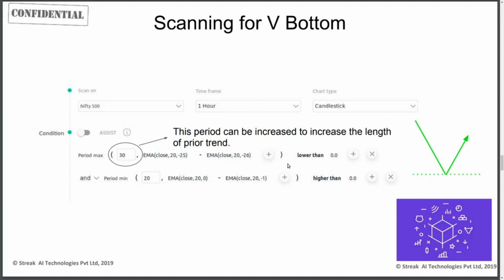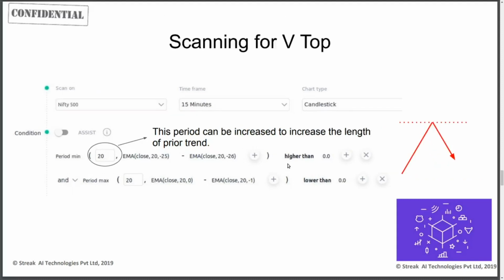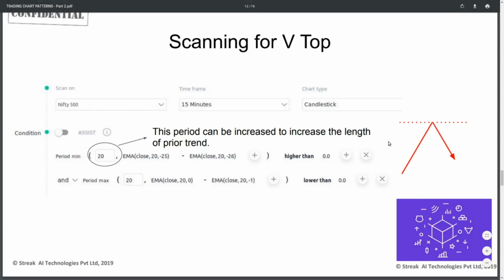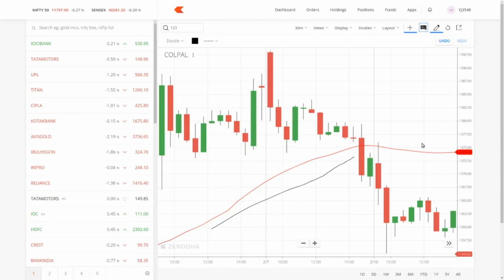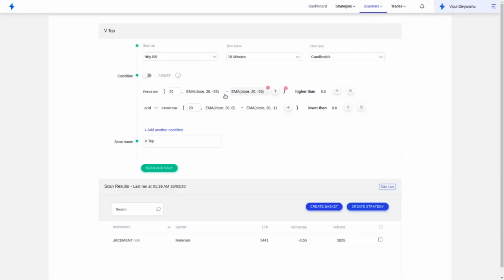Okay, so by mistake I have opened this one, so let's cover this, then we'll go back to V bottom. So this is what I'm saying. If you skip the 25 candles, this last 20 candles period, the trend was bullish. Okay, that's what has been identified by VTop here.